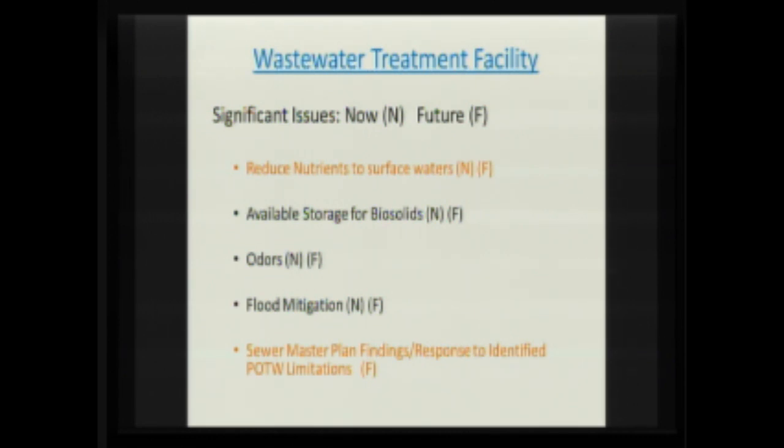And the state has allowed us to wait until July 1st of this current calendar year to submit the timetable at which we will make the nutrient reduction improvements at the plant.